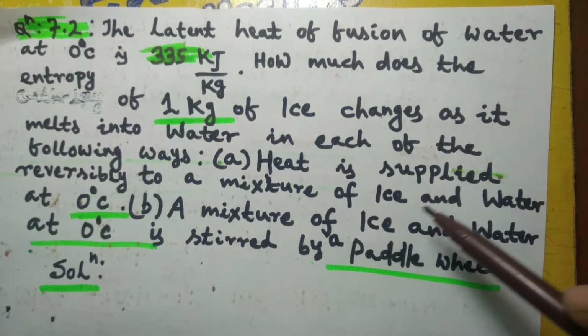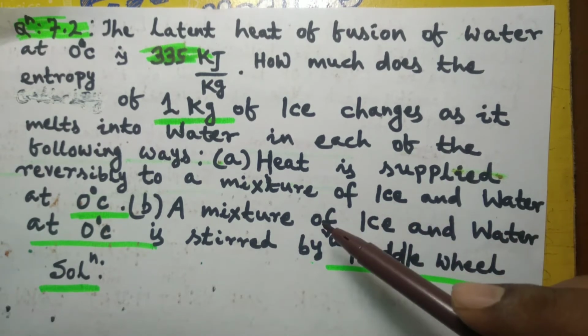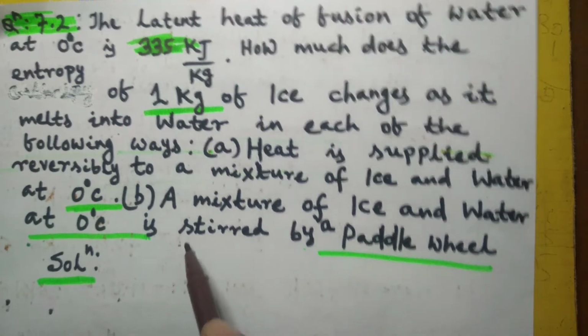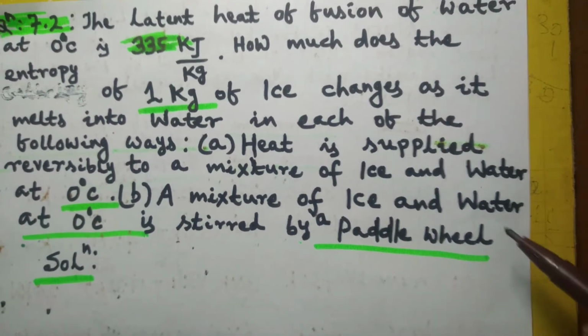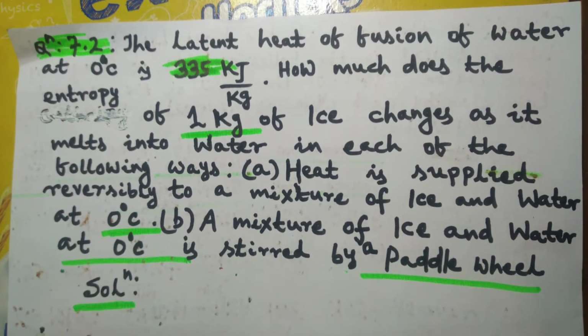First, heat is supplied reversibly to a mixture of ice and water at 0 degrees Celsius, and second, a mixture of ice and water at 0 degrees Celsius is stirred by a paddle wheel. In both cases, 1 kg of ice melts into water.